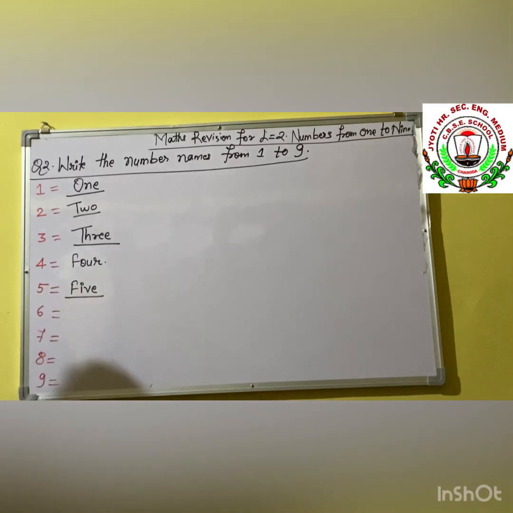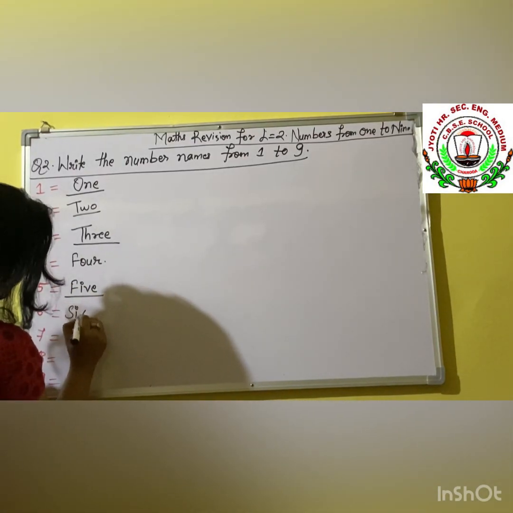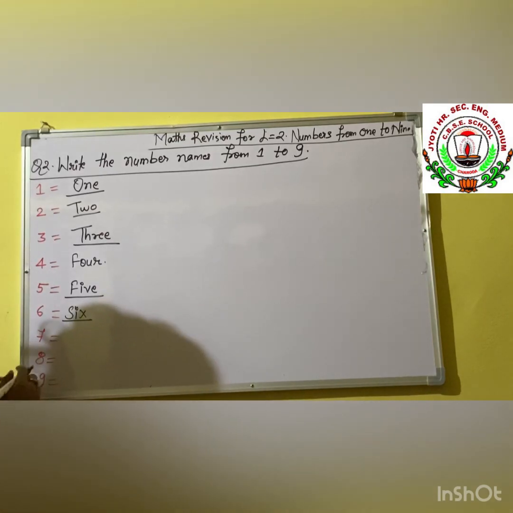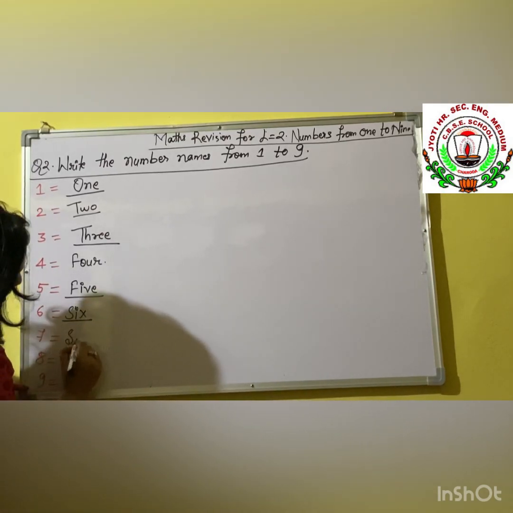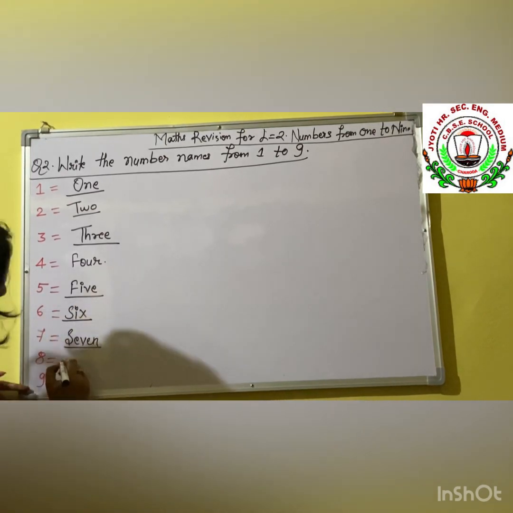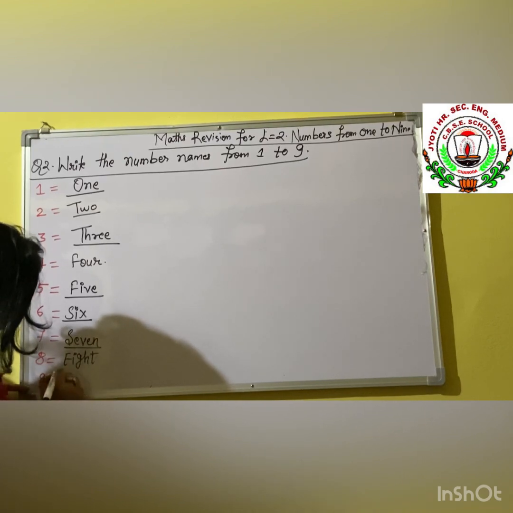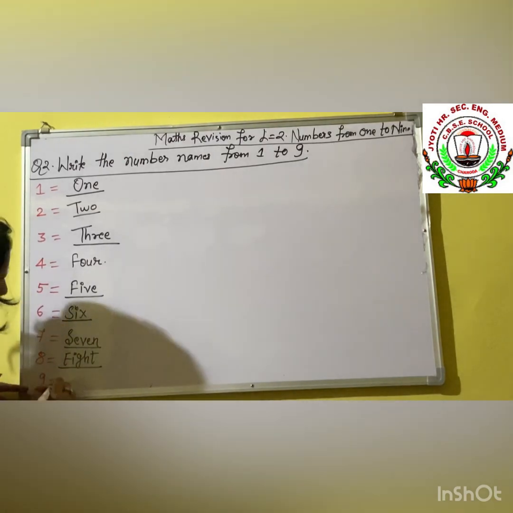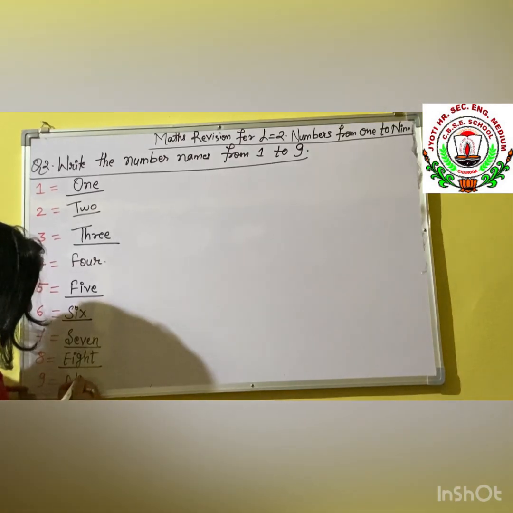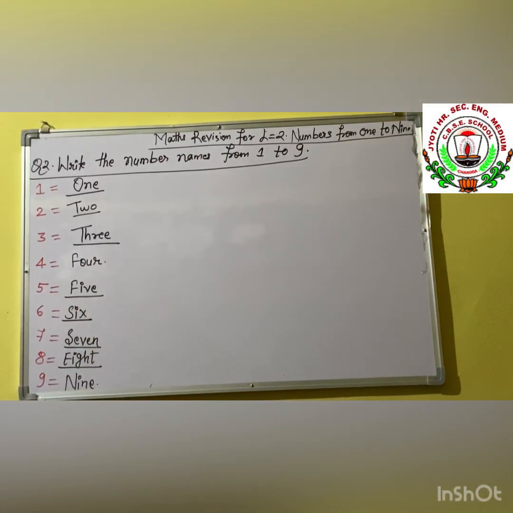The spelling of 6 is S-I-X. The spelling of 7 is S-E-V-E-N. The spelling of 8 is E-I-G-H-T and the spelling of 9 is N-I-N-E. So these are the number names from 1 to 9.